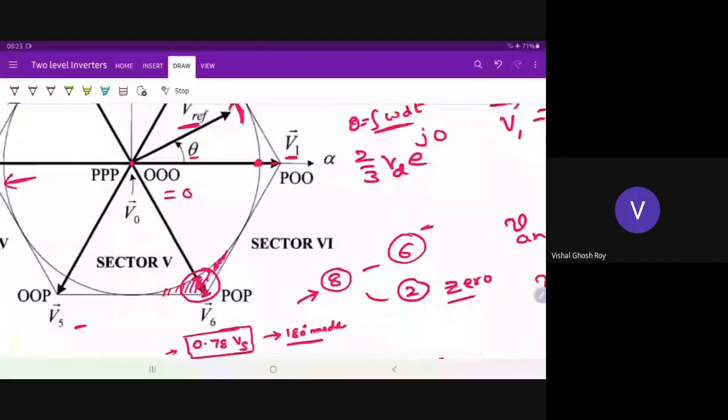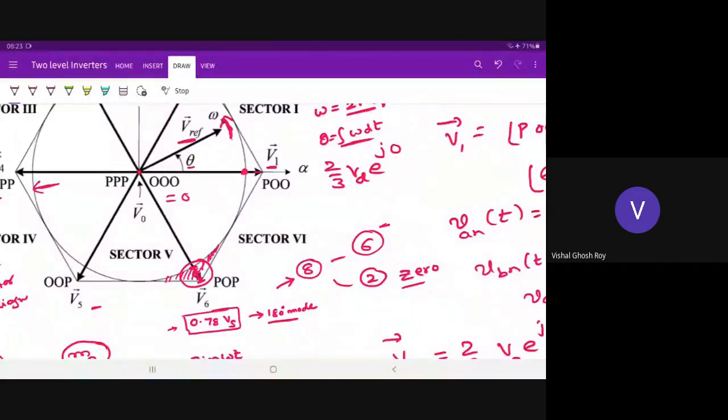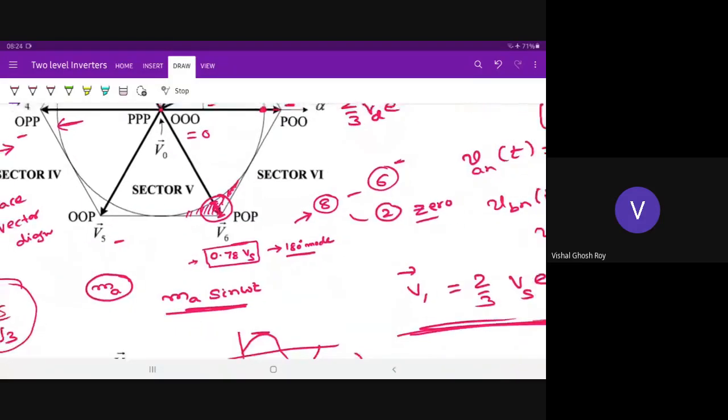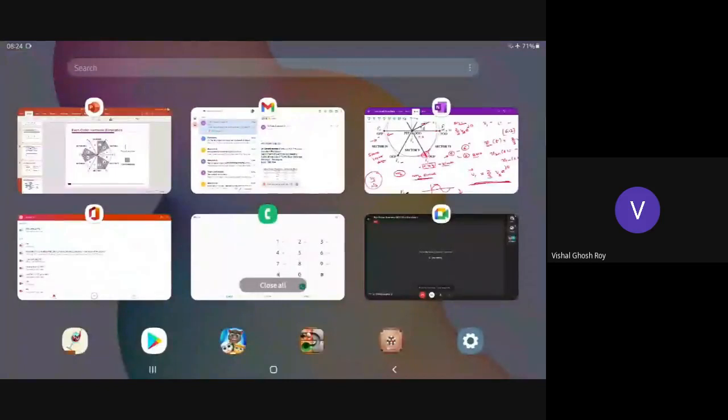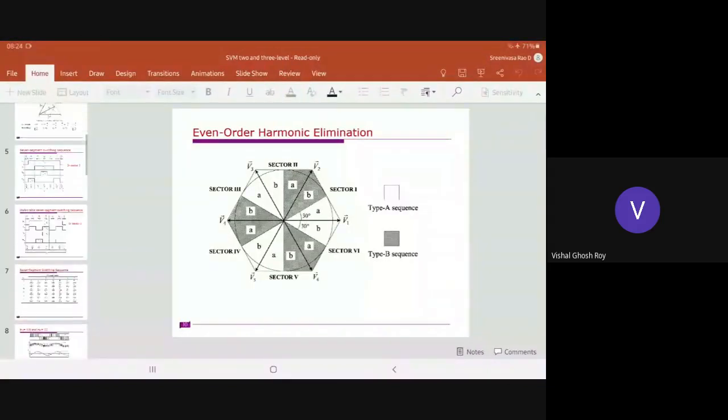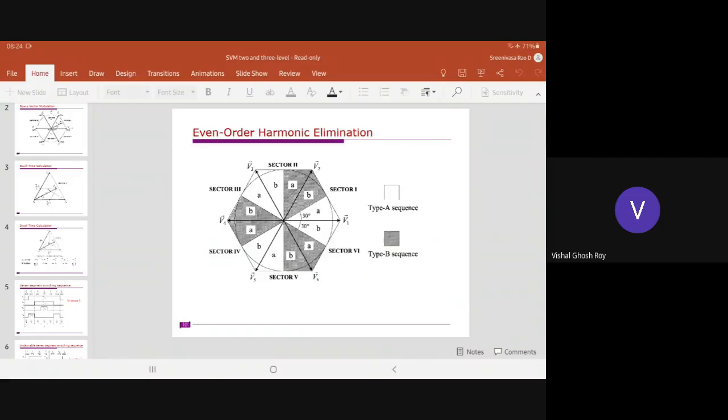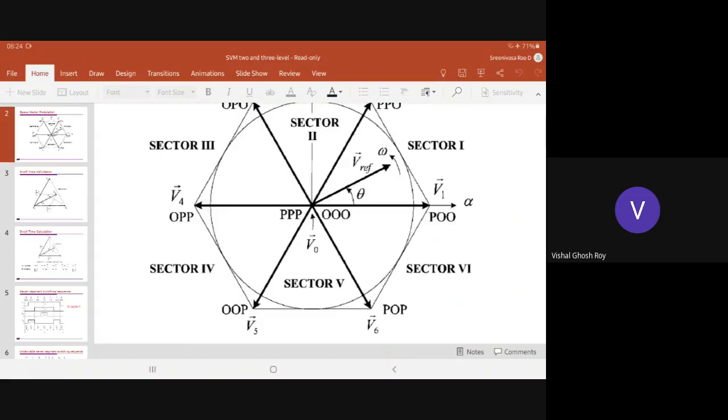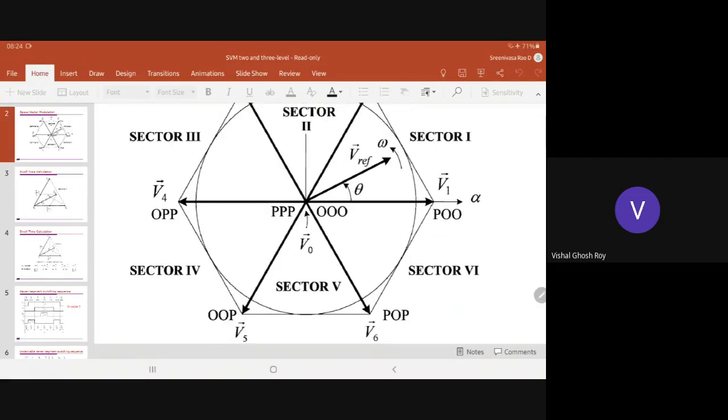Once this is done, we define the stationary space vectors and also the rotating space vectors, which is the resultant one. Then we need to implement the PWM technique.